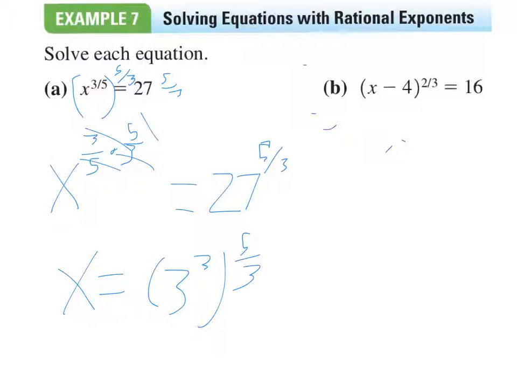So now, for our value of x, since you have 3 to the 3rd raised again to the 5/3, you can multiply the exponents. The 3's cancel out, because you have a 3 on the top, another 3 on the bottom. So you're left with 3 to the 5th, which is 243.